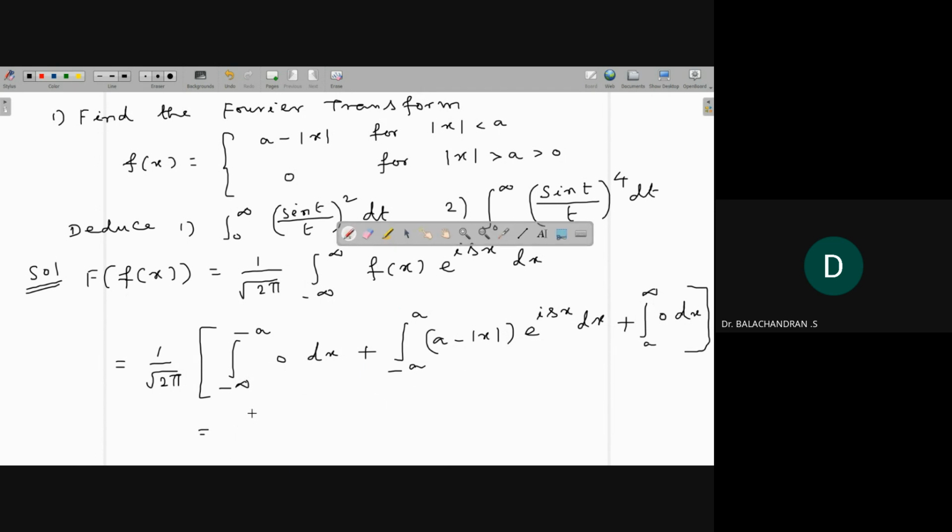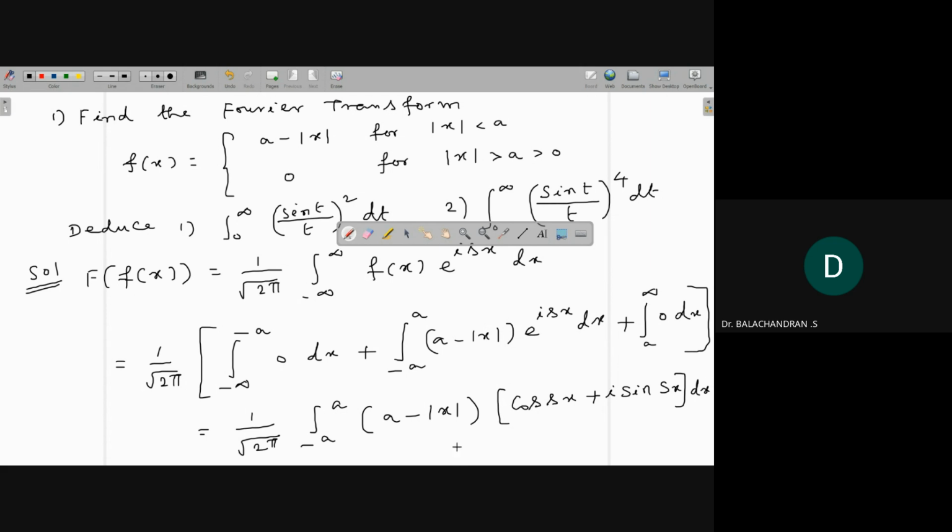Which is equal to 1 by root 2 pi integral from minus a to plus a of (a minus mod x) into e power isx, which is cos sx plus i sin sx, into dx.